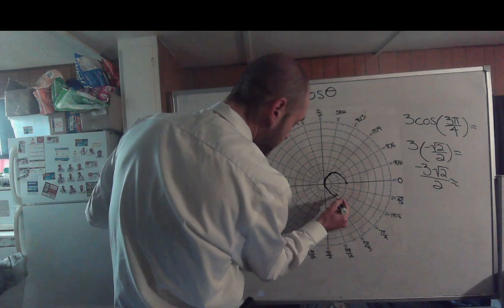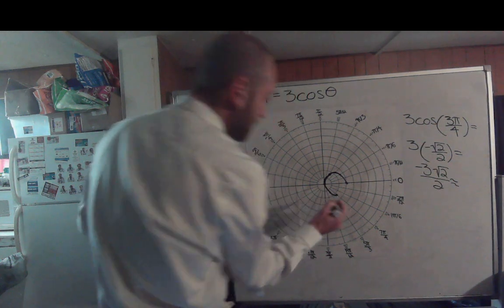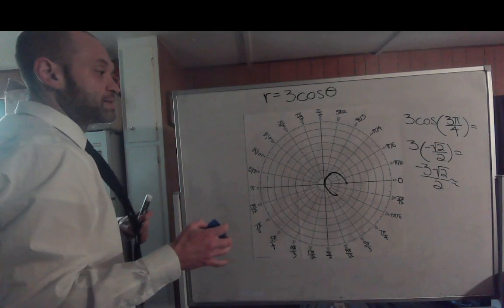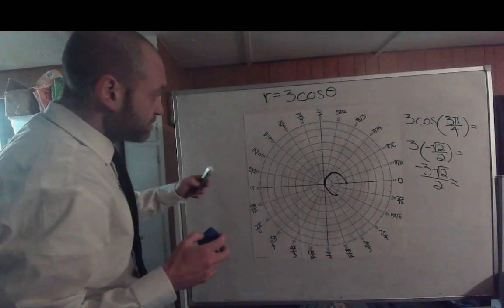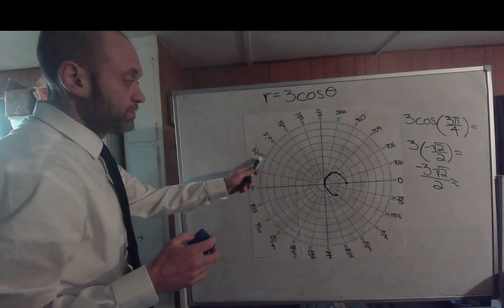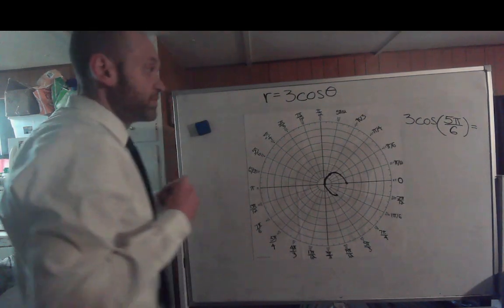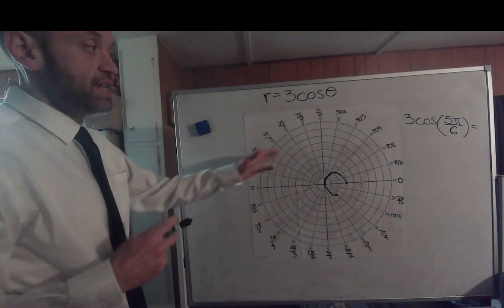Let's connect what we have so far, and then let's go ahead and find the next special angle, which is 5 pi over 6. So let's take 3 times the cosine of 5 pi over 6. All right, so 5 pi over 6 cosine is negative.